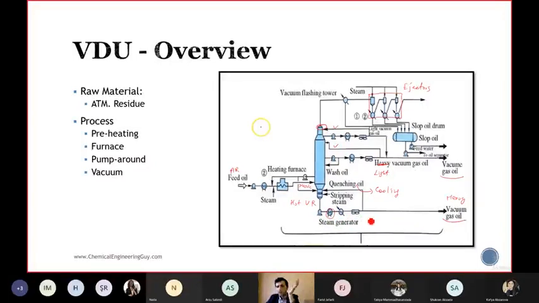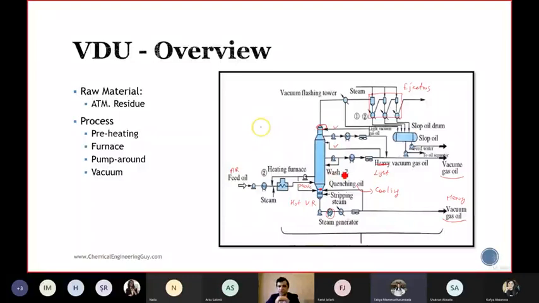So we have cold vacuum residue, and then some part of it can be sent back to the vacuum column for cooling. As I said, it plays the role of the pump around. You use this one to control the temperature at this point. It's clear. Thank you very much.